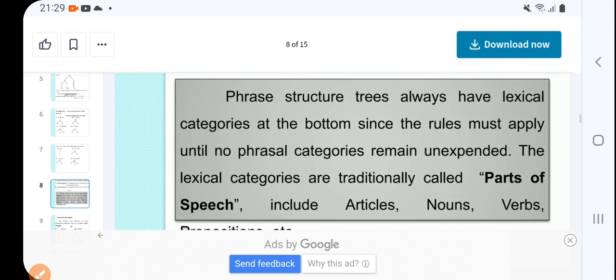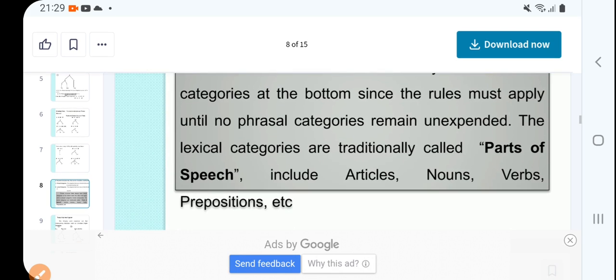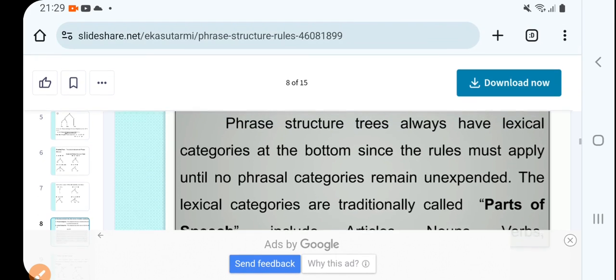Phrase structure trees always have lexical categories at the bottom, since the rule must apply until no phrasal categories remain unexpanded. The lexical categories are traditionally called parts of speech, including articles, nouns, etc.